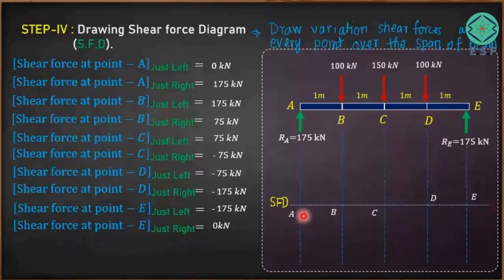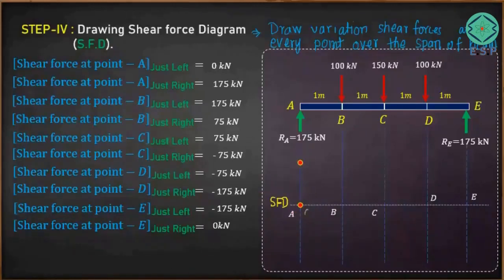Okay. And now at point A, I'll be marking all the shear forces we got at point A. At point A, we have two shear forces. Starting from the left of point A it is 0 kilonewton, and at the right of point A it is 175 kilonewton.